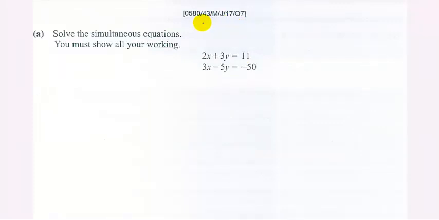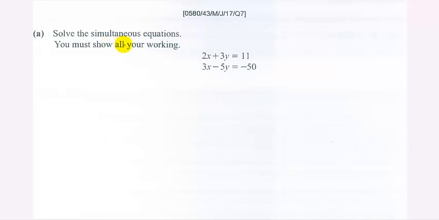This is paper 4, variant 3, May-June 2017. Solve the simultaneous equations and you must show all your working. For simultaneous equations, there are two methods: either we can use elimination or substitution.